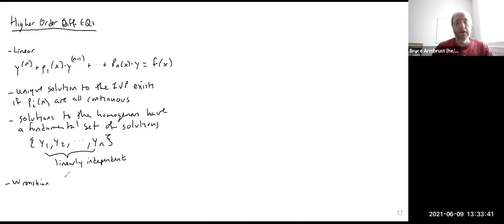But now the Wronskian matrix is going to look a little bit different. But I bet you can imagine what it's going to look like. What did we do to build the Wronskian before?